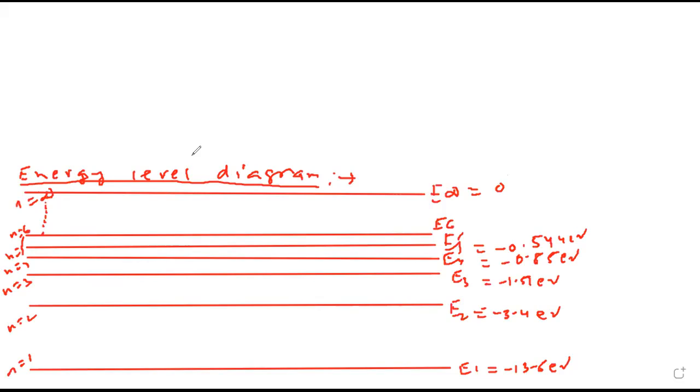When an electron jumps from any higher orbit to the first orbit, the series obtained is called the Lyman series. It falls in the ultraviolet region. Any higher orbit to the first is the Lyman series.